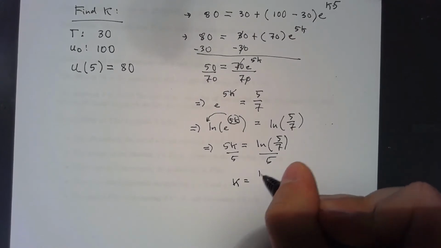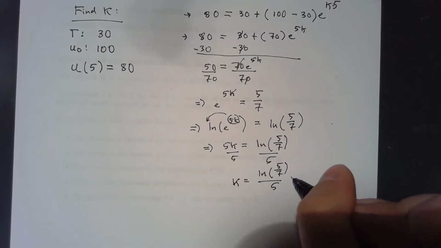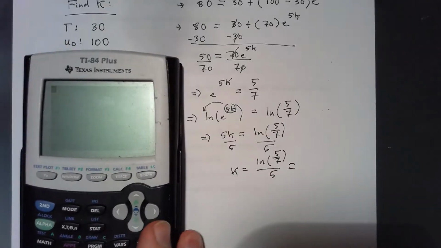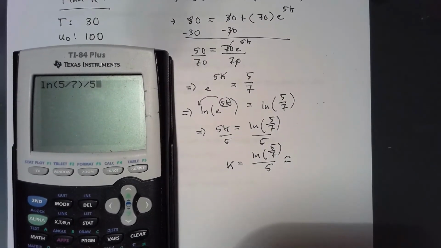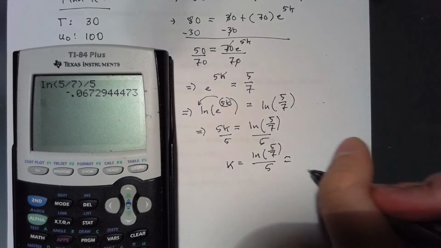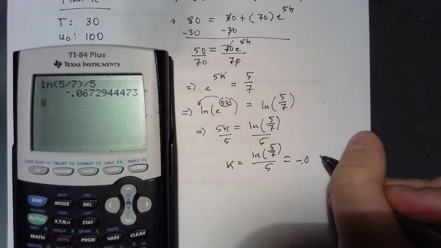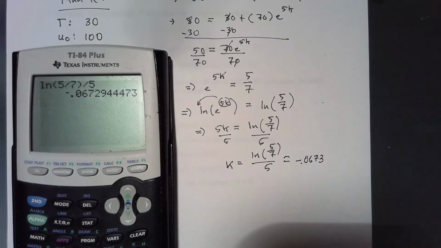K equals ln of 5/7 all over 5. The natural log of 5 divided by 7, divided by 5, is roughly negative 0.0673, if I go to the 4th decimal place.